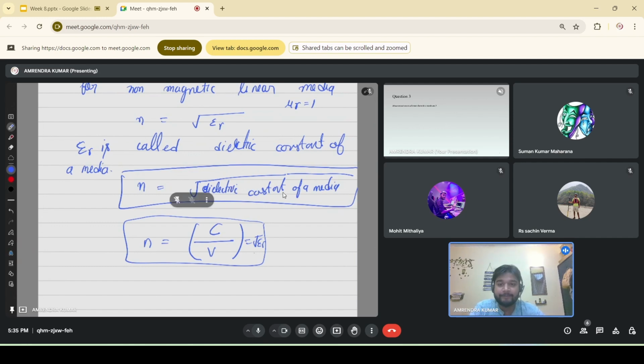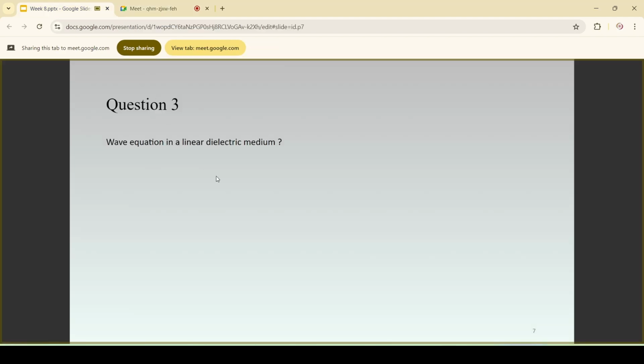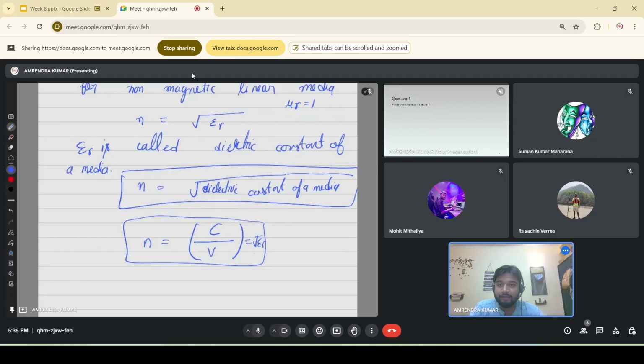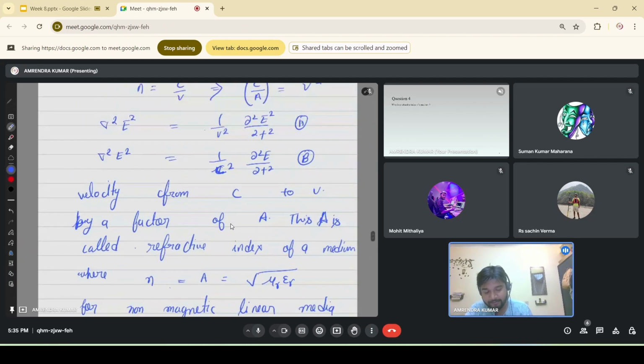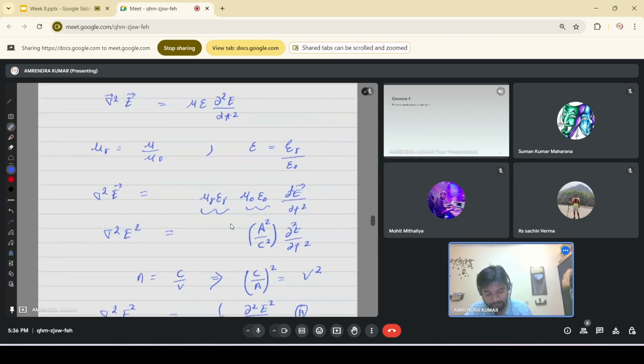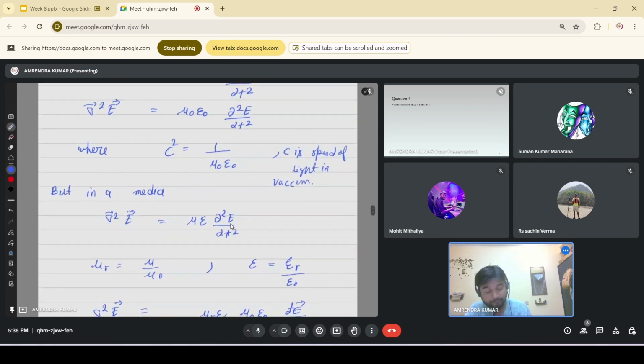Okay, so let's go to our next question. The next question is, what is the refractive index of a media? We have just seen that this is the refractive index of a media. This is how we have seen it, because first we had this wave equation from Maxwell's equation in a media.